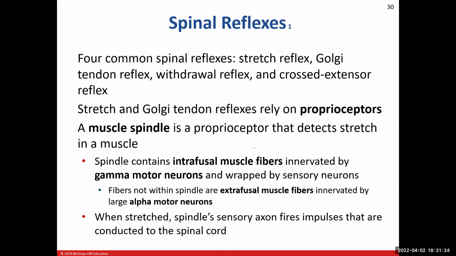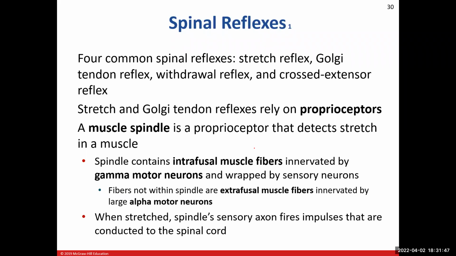So now what we're going to do is talk about some of our spinal reflexes. We're going to talk about the four common spinal reflexes. Those include the stretch reflex, the Golgi tendon reflex, the withdrawal reflex, and the crossed-extensor reflex. The first two reflexes are going to involve our proprioceptors.